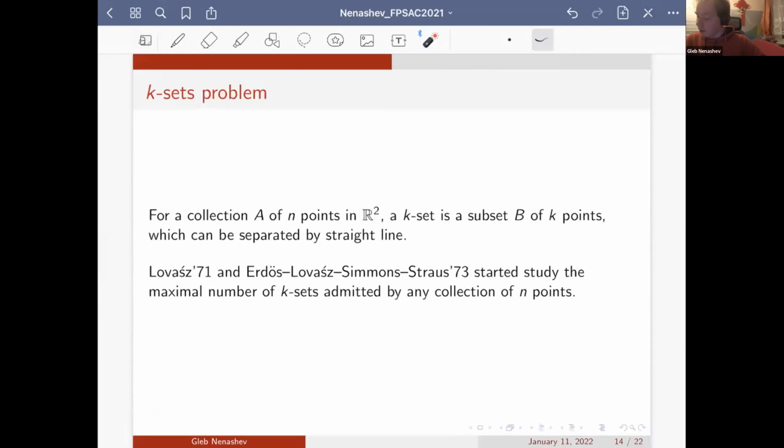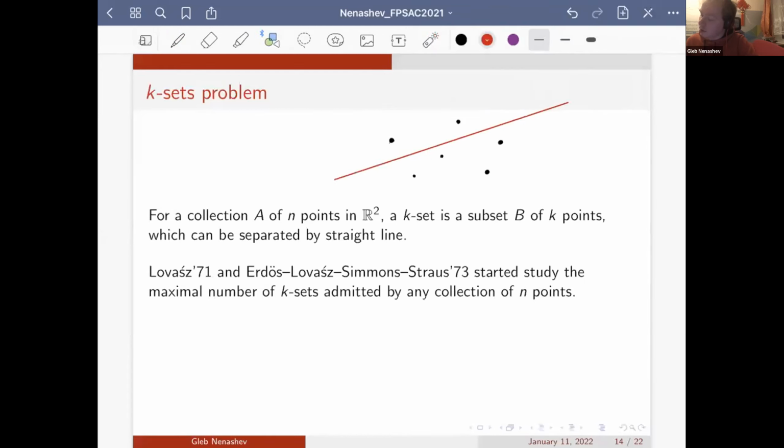Okay, and here's another problem, which is closely related to this. It's the K-sets problem. We have n points on a plane, and what is a K-set?